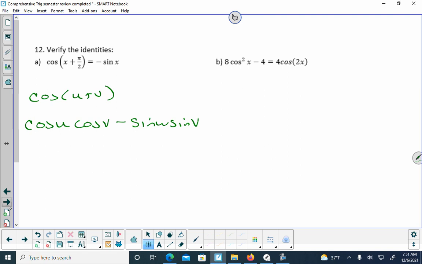And so now what I'm going to do is think of this as being my u and this as being my v and substitute in. So I'm going to have the cosine of x times the cosine of pi over 2 minus the sine of x sine of pi over 2, and I'm trying to show that that's equal to a negative sine x.